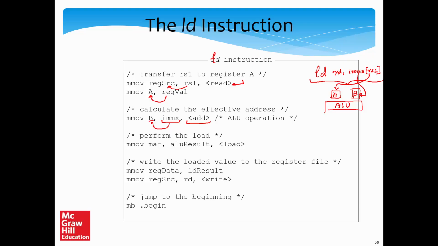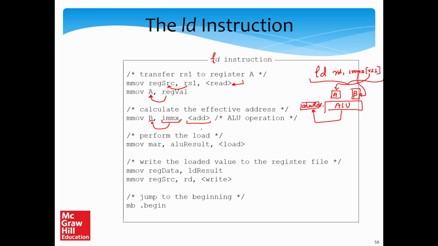We're adding A, which is the base address, and B, which is the memory offset. So we're adding both of them via the ALU. The result of the addition will be saved in the micro register ALU result.